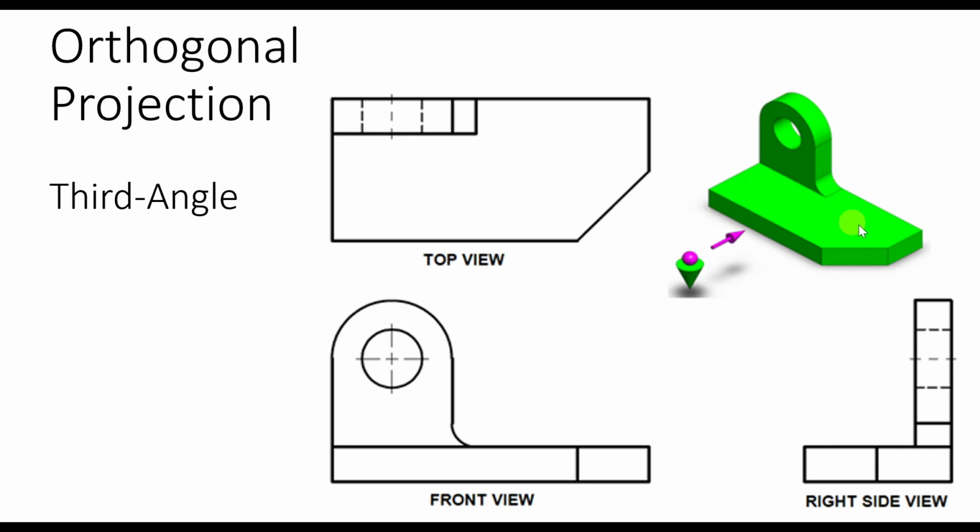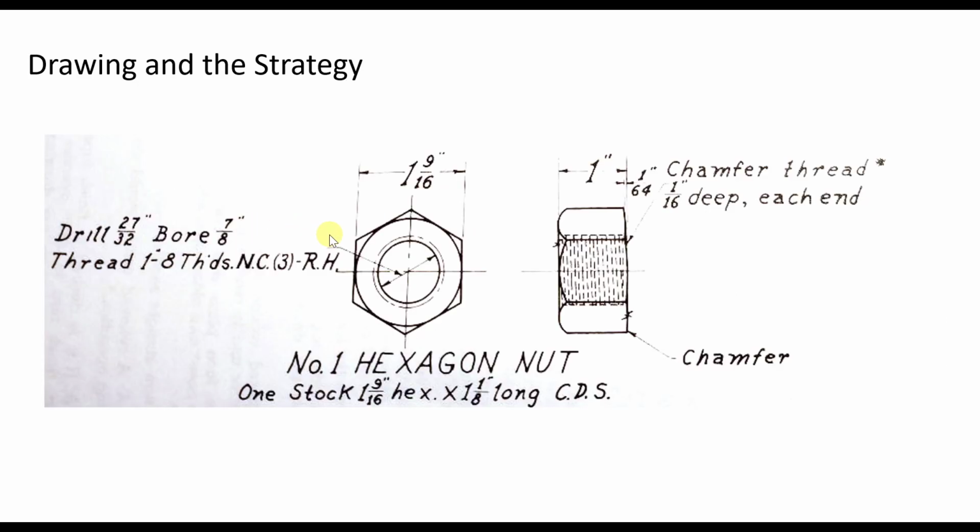If you look from the right, what you see, you draw it and put on the right side. For top view, you look from top, what you see, you put at the top. So that's called third angle projection system.